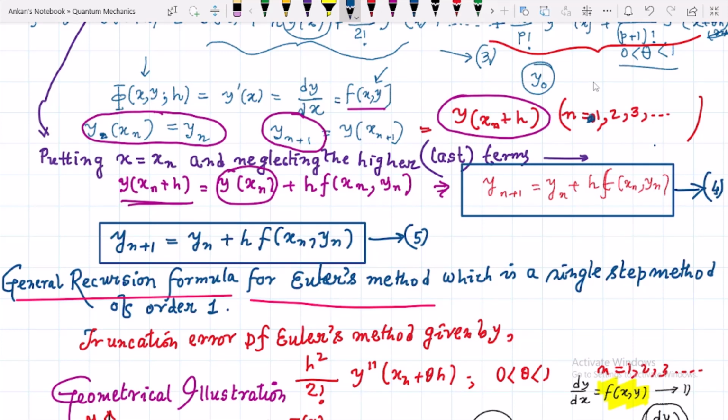No, 0 must be present here. I think it was a printing mistake from where I have studied. 0 must be included, otherwise you cannot solve. If y0 is not given, how can y1 be calculated?